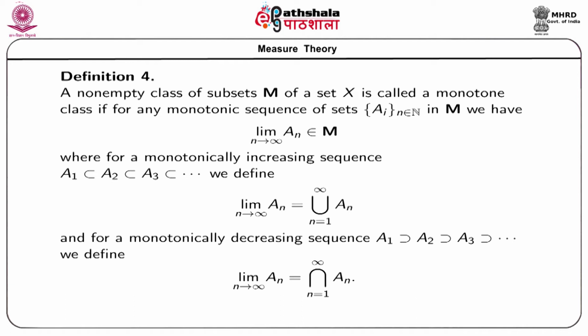For a monotonically decreasing sequence A_1 containing A_2 containing A_3 etc., we define the limit set as their intersection.